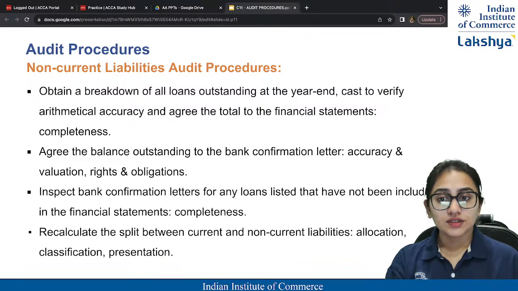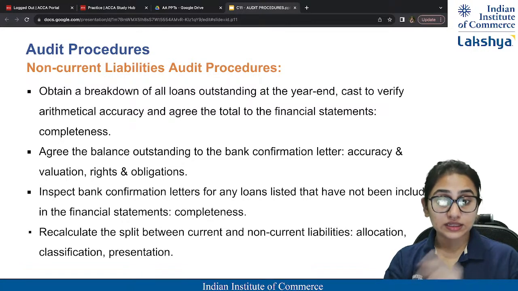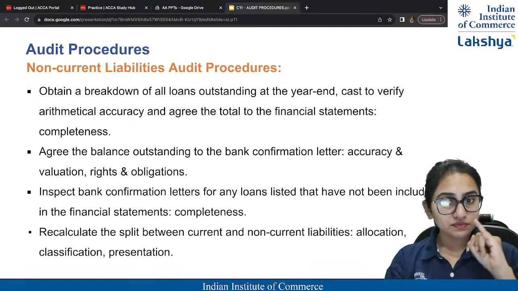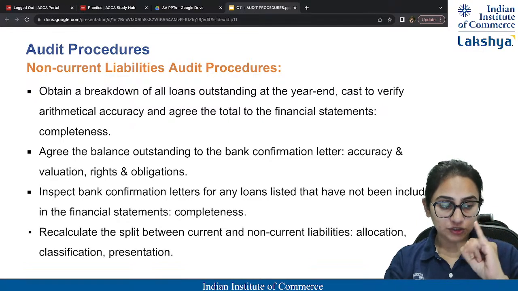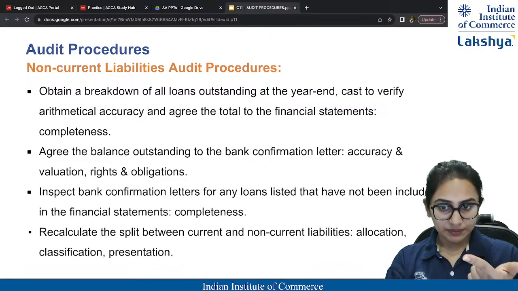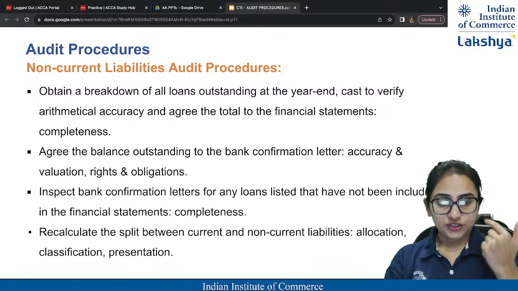Okay, so obtain a breakdown of all loans outstanding at the year end, cast to verify arithmetical accuracy, and agree the total to the financial statement for completeness. Now if you see, the end line always remains the same. You have to ensure inspection, observation, inquiry, external confirmation, recalculation, reperformance, completeness, valuation, rights and obligation, and presentation.